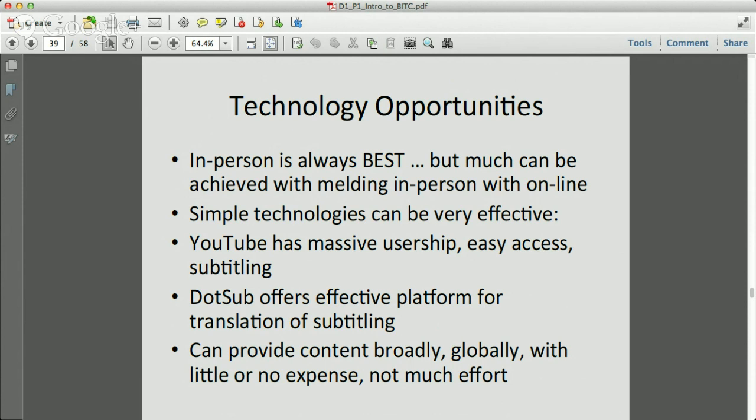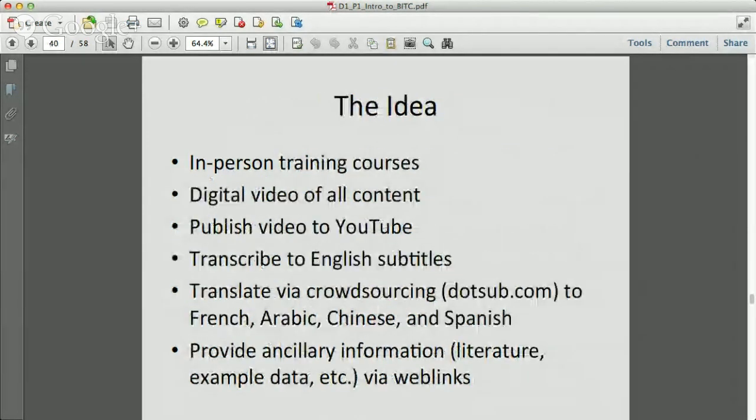It allows us the possibility of translating and subtitling video resources so that people who don't speak English easily can also have access to the information. And we can provide content globally with almost no expense and very little effort.